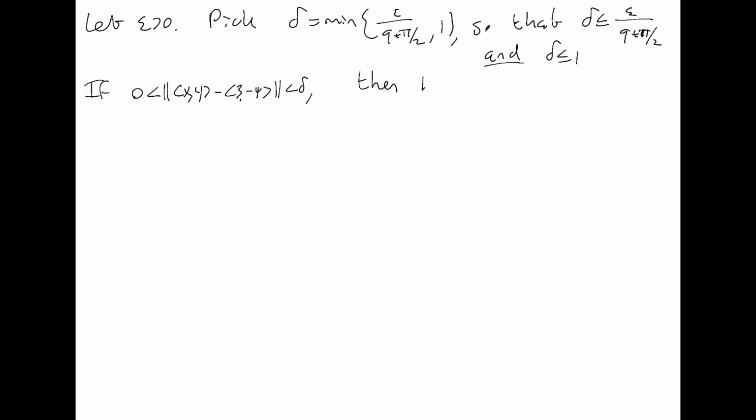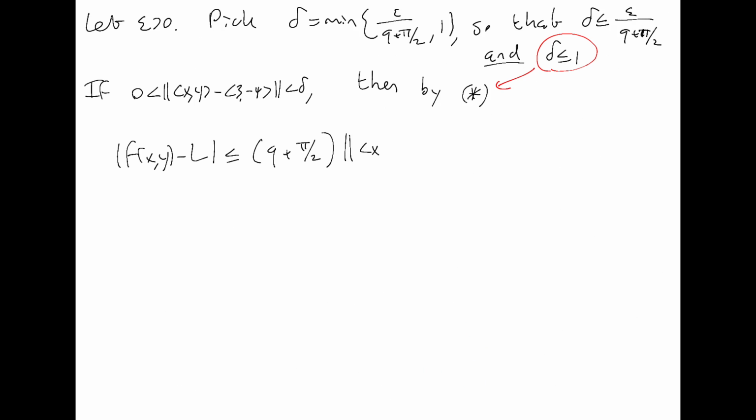But of course, we're going to use the inequality star from the previous slide. And notice that this is allowed because delta is less or equal than 1, and we saw in the previous slide that if delta is less or equal than 1, then the inequality star is satisfied. So then by star, we have that the absolute value of f(x,y) minus L, we showed that that was less or equal than 9 plus pi over 2 times the distance between the vector (x,y) and (3,-4).